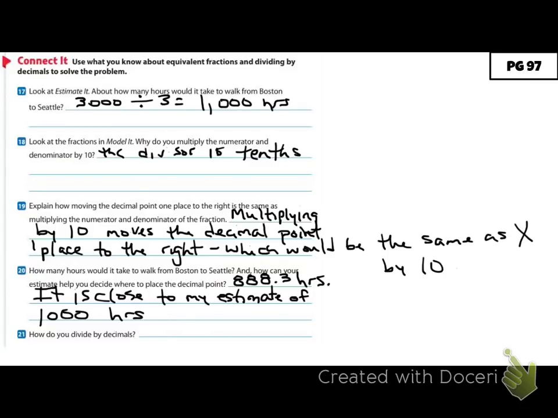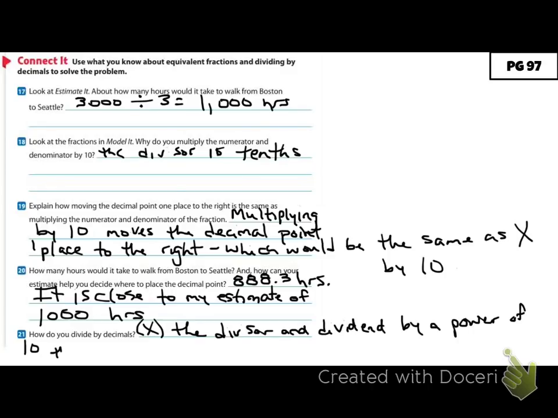Then how do you divide by decimals? You multiply the divisor and dividend by a power of 10 that will give a whole number divisor.